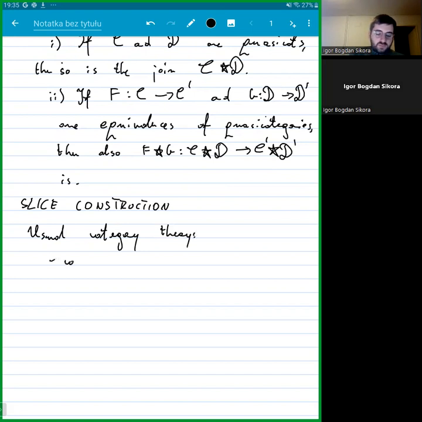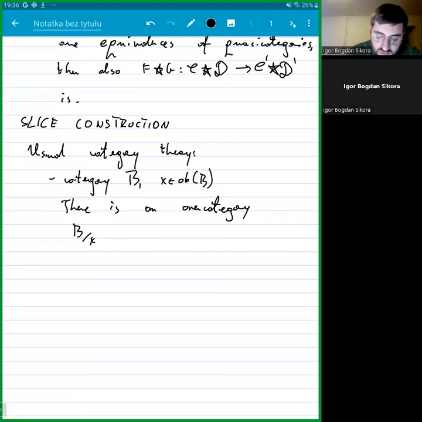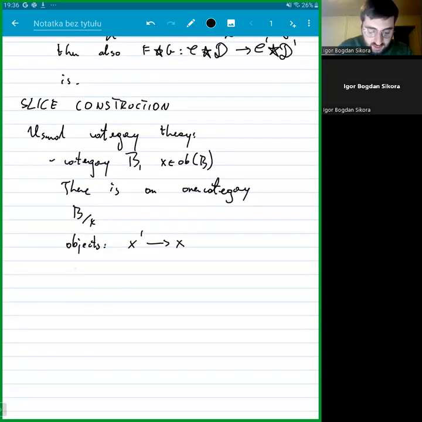If we have a category B and an object X, then we can discuss an over category B over X. This is a category whose objects are maps from X prime to X, and maps in the over category are maps of objects in B coherent with the maps going to X.